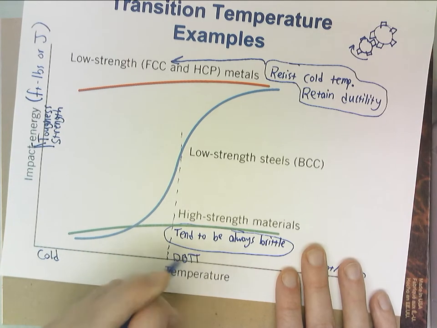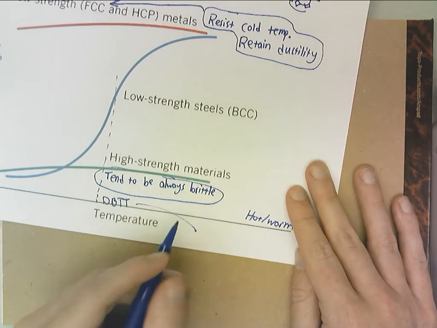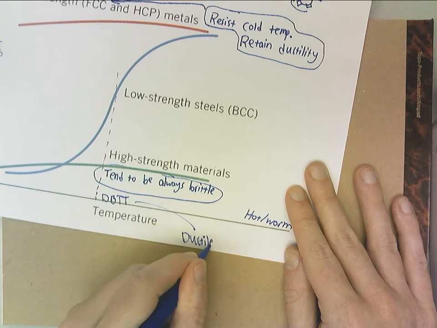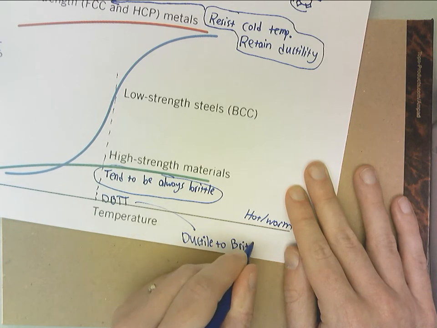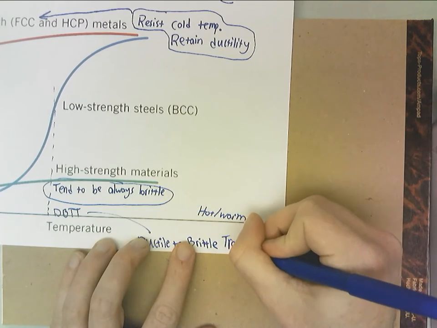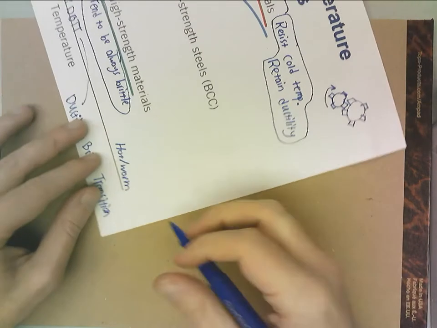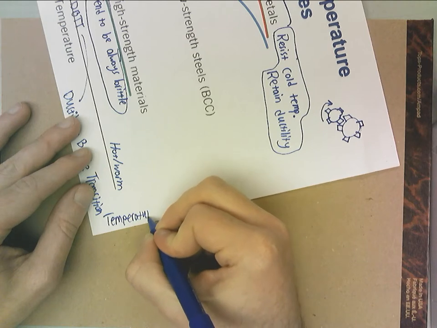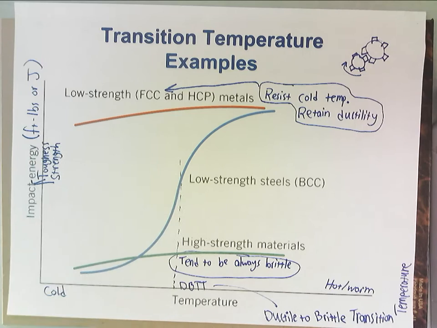We'll label it as a DBTT, which is a ductile to brittle transition temperature. So ductile to brittle transition temperature.